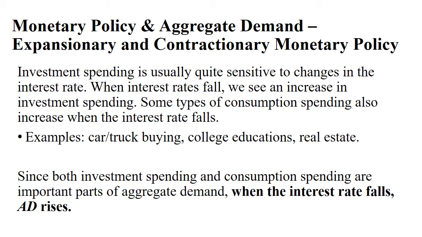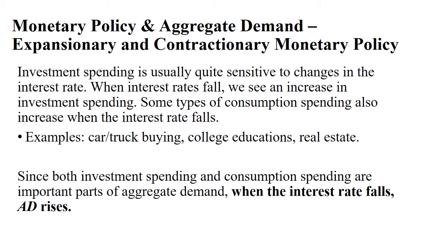So when this happens, we're going to talk about expansionary and contractionary monetary policy. Remember, expansionary monetary policy means that MS is shifting to the right, and contractionary monetary policy means MS is shifting to the left.